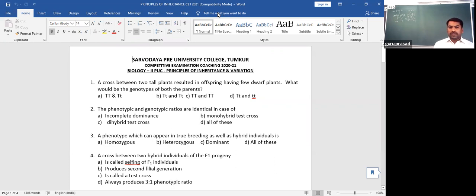Now, next question: a cross between two hybrid individuals of F1 progeny. Now we are crossing F1 to obtain F2. What happens if you do that F1 cross? Whenever we use a cross, we are making some changes.